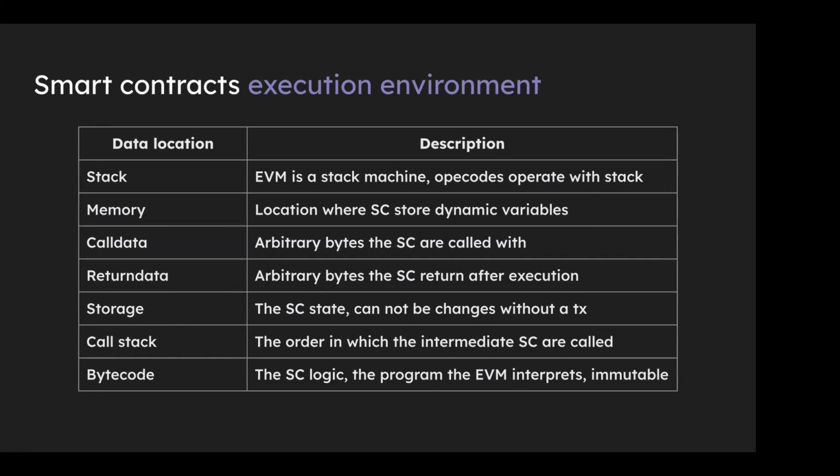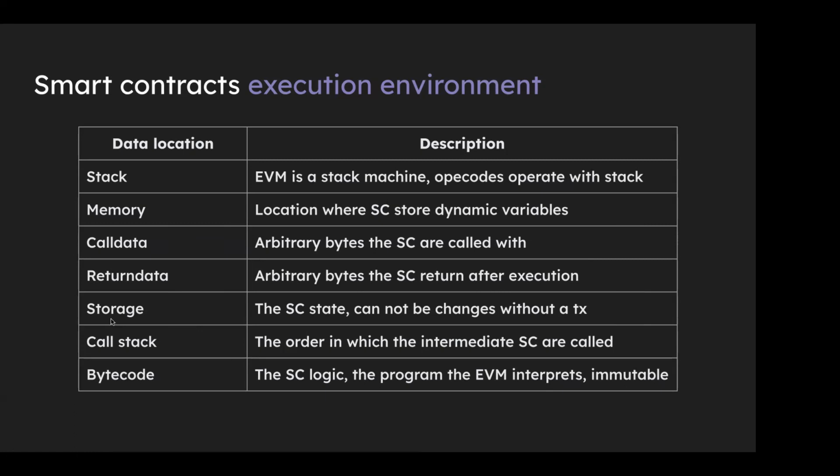It is what determines the state of the smart contract. Storage is also not infinite. It is limited to 2 to the 256 minus 1 storage slots, and each of them is accessible.